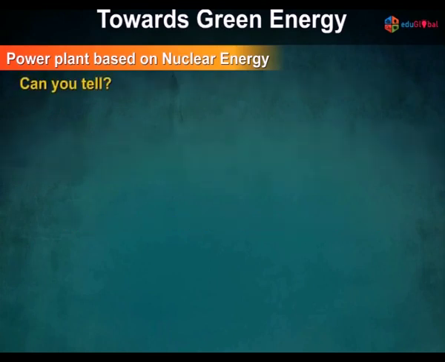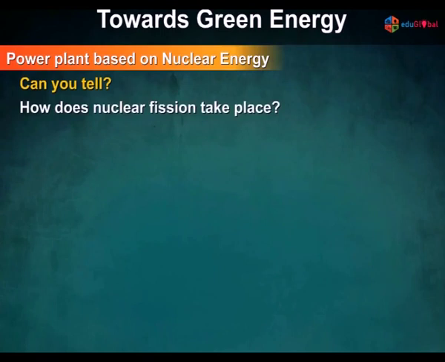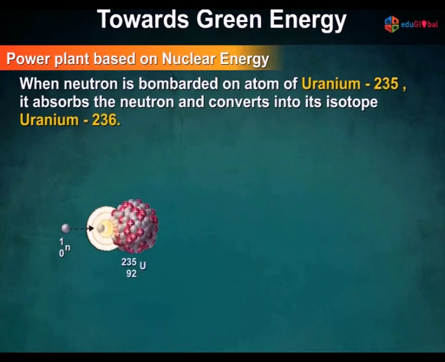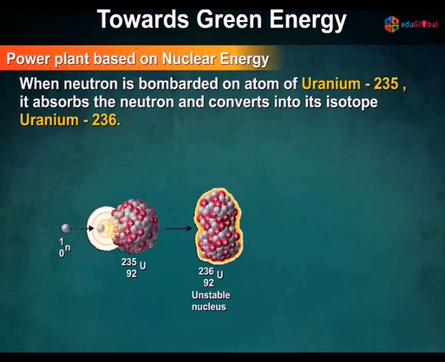Can you tell how nuclear fission takes place? When a neutron is bombarded on an atom of uranium-235, it absorbs the neutron and converts into its isotope uranium-236.